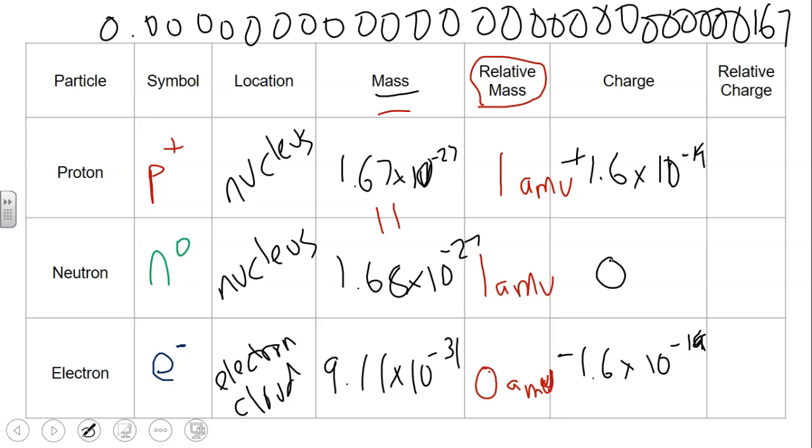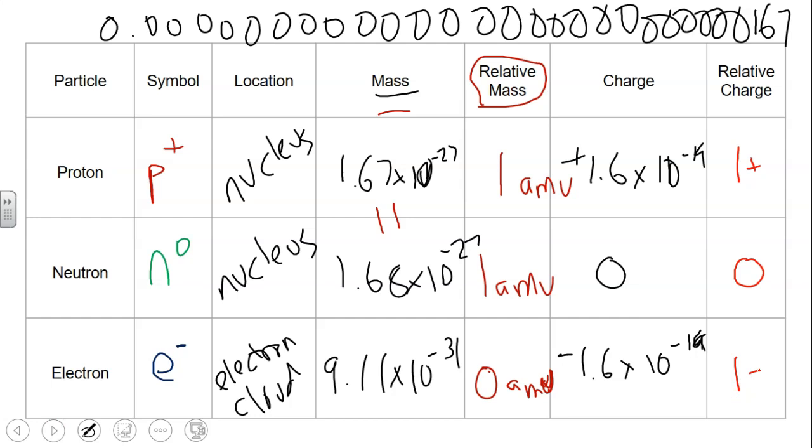So again, just like the masses, charge doesn't really make a lot of sense to use in a day-to-day situation. So we came up with this idea of a relative charge. So the relative charge of a proton is 1 plus. The relative charge of a neutron is 0, and the relative charge of an electron is 1 minus.